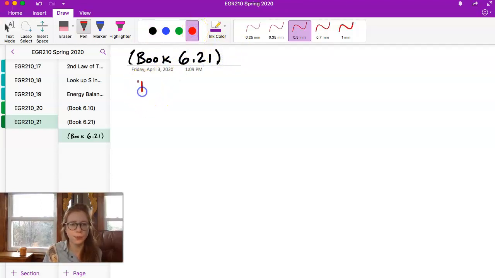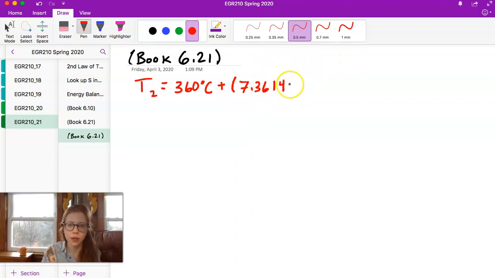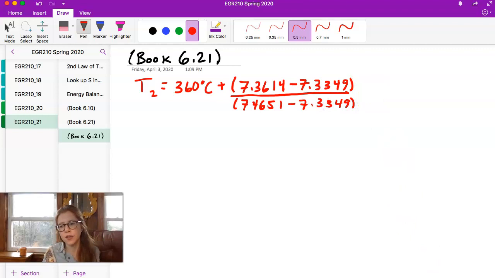Okay, so T2 is going to be 360 degrees Celsius plus 7.3614, so that's the entropy that we have for S2, minus the lower limit in our table, which is going to be 7.3349, divided by the upper limit, 7.4651 minus 7.3349, times the difference between the two.